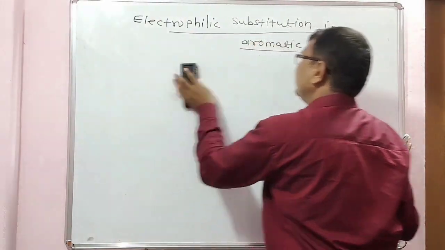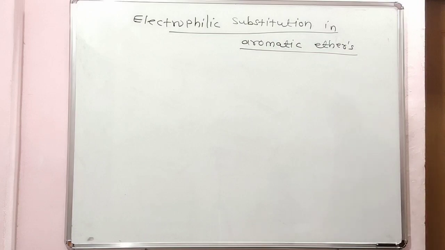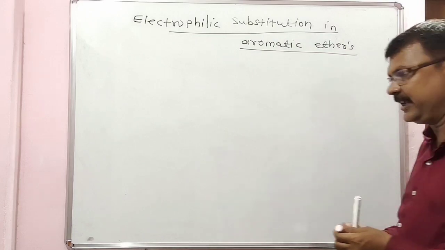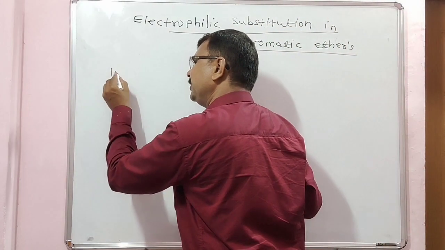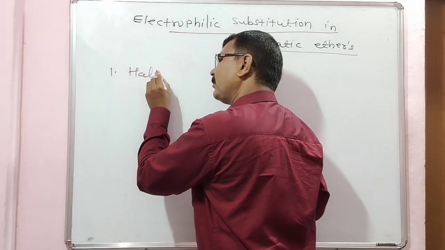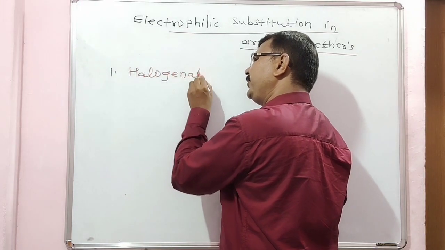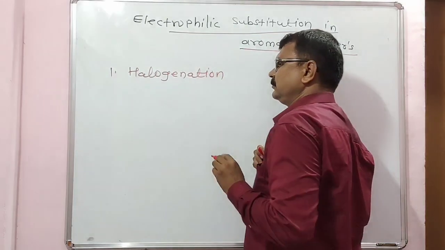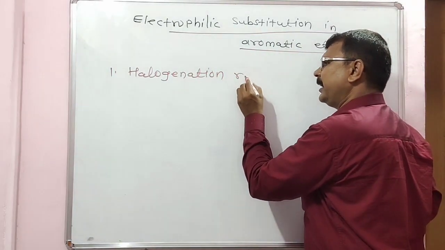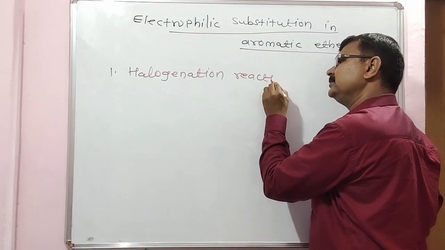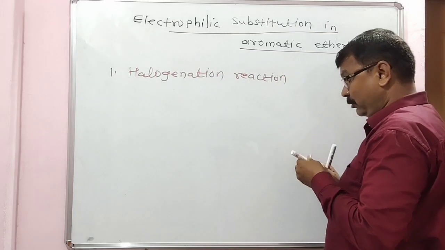The first reaction is the halogenation reaction. Simple, all of you: bromination.